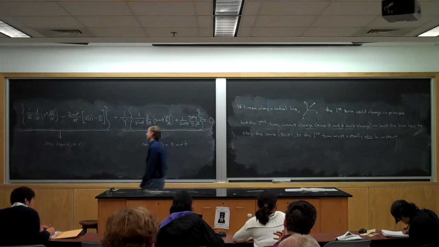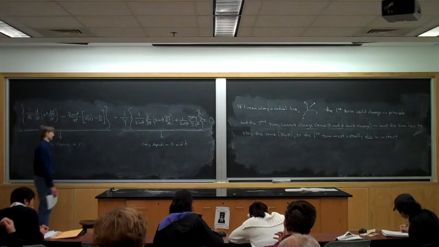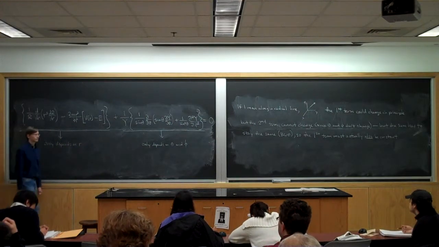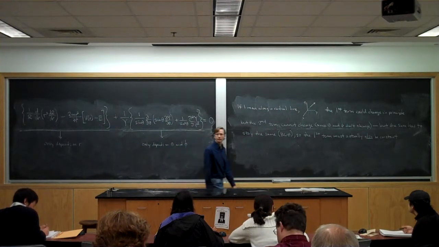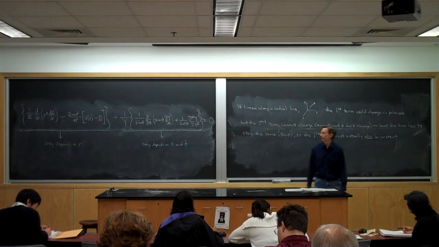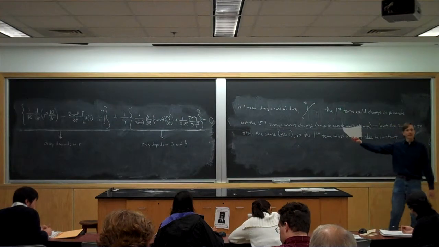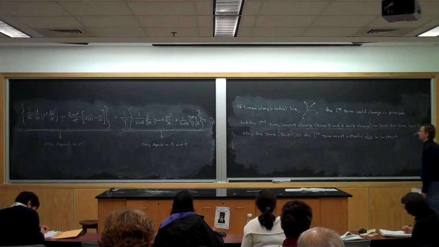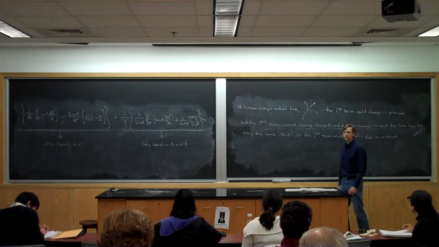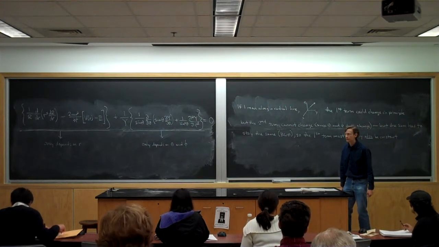So therefore, the first term actually is a constant. In principle, it looks like it depends on r, but in practice, it's actually a constant. It doesn't even depend on r. Or in other words, the different r dependencies in it cancel one another out, is what happens. Questions? It's crucial to understand this point.